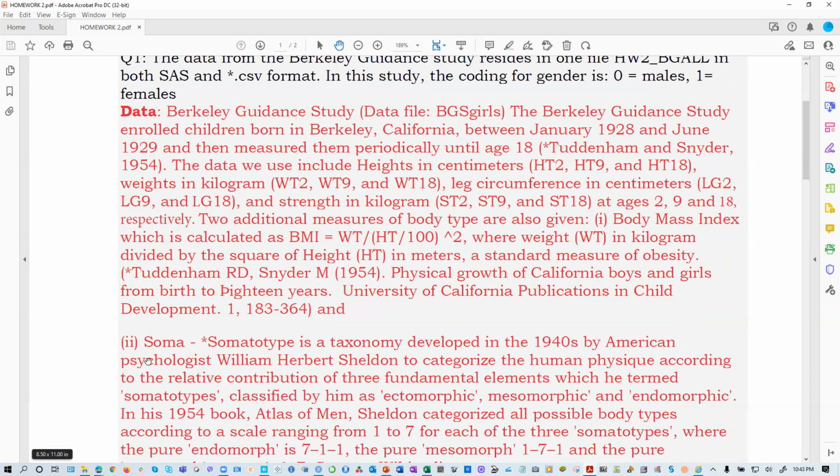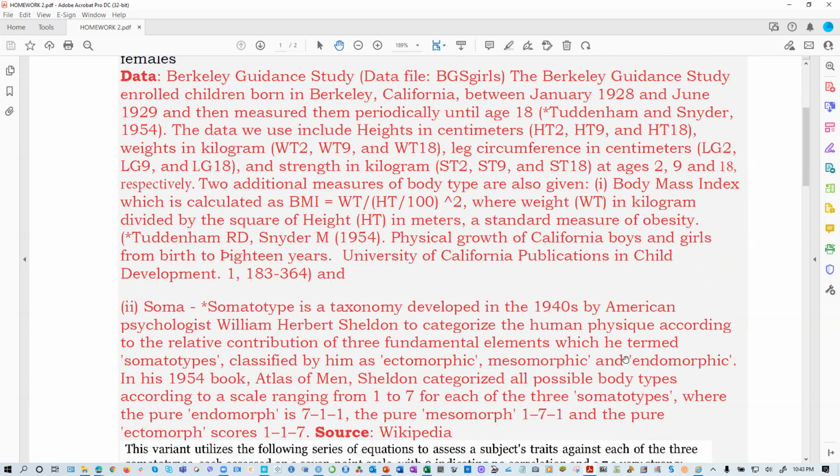Then they are given another type called the Soma type. Soma type has been given based on that. But when we open the data set, homework 2 BGS, let's open that data set and see. Let me see.